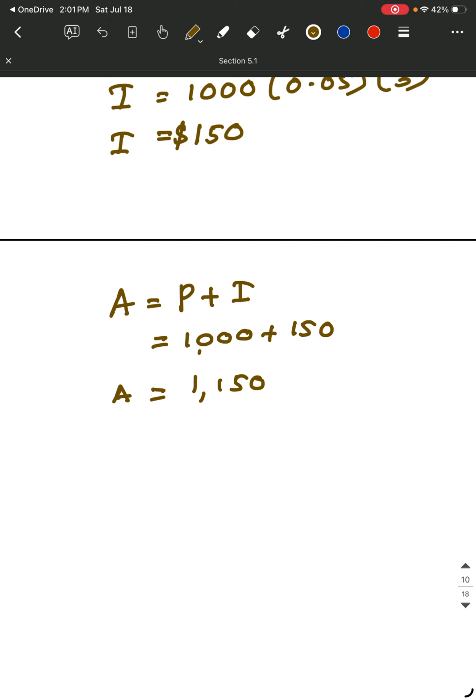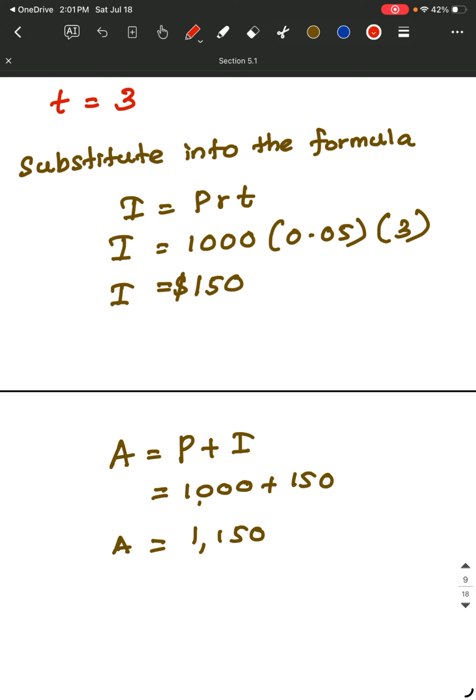So notice that the interest was calculated only from the original amount P, $1,000. The earned interest is 150, and the accumulated amount, both principal and the earned interest, is 1,150.